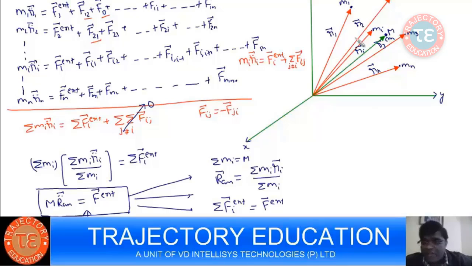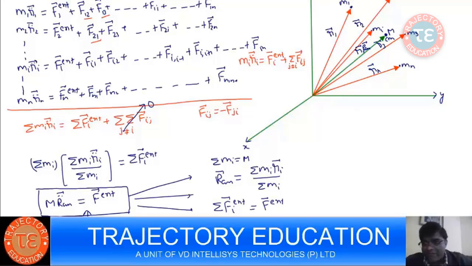So instead of studying the motion of all these particles, I'll just concentrate my effort on studying this particle, which has the mass capital M and whose position is given by R_CM, and the force acting on this particle is the net external force acting on the system.